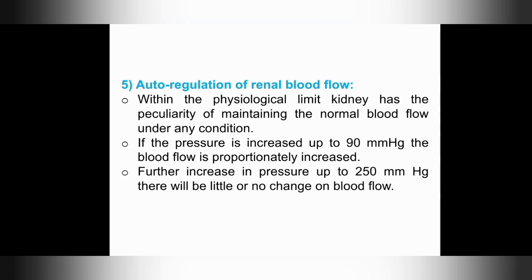That is normal. The peculiarity is that if the blood pressure increases beyond 90, 100, 150, 200, 250, there will be either no or very little change in the blood supply to the kidneys.